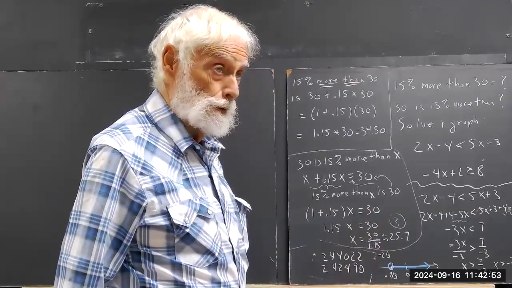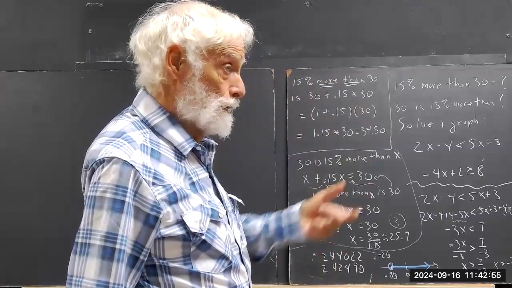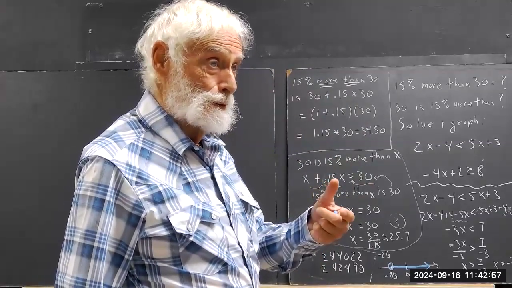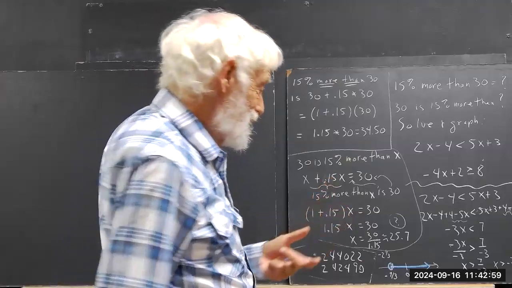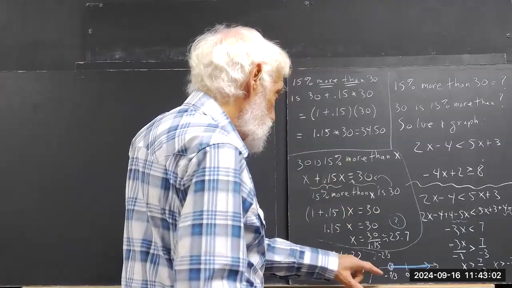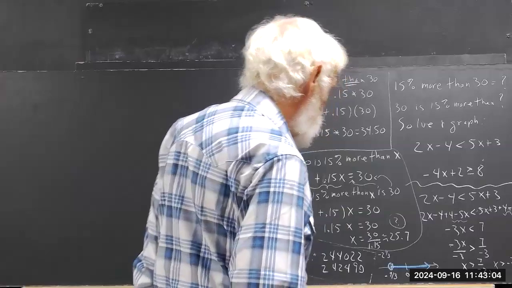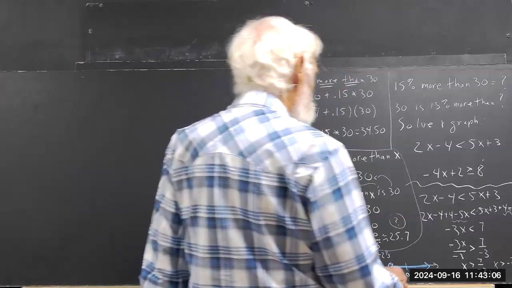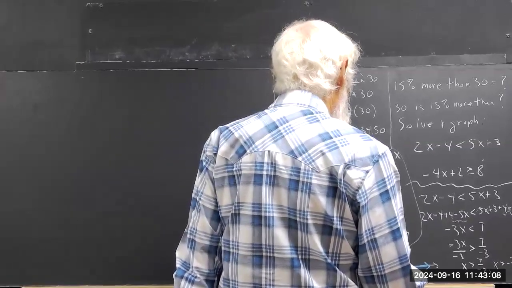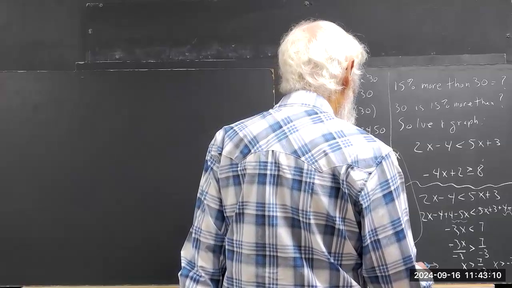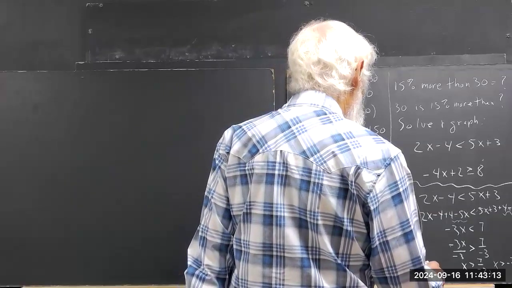I did something egregiously ignorant with my arithmetic, and I do that regularly. So we have -2 1/3 here, which means that -2 would be maybe here, and -1 would be here. So 1 would be here, 2, 3.